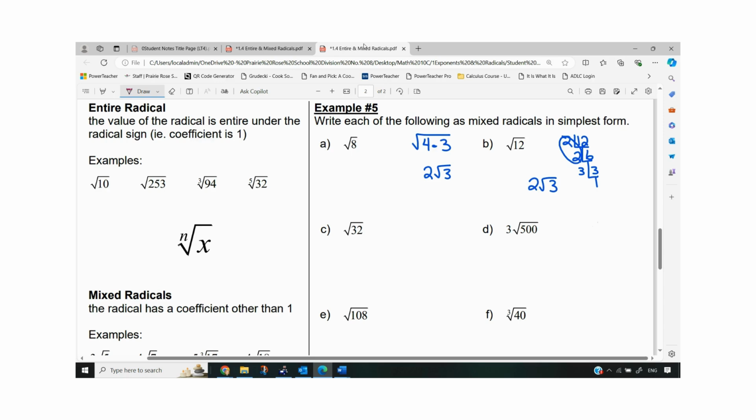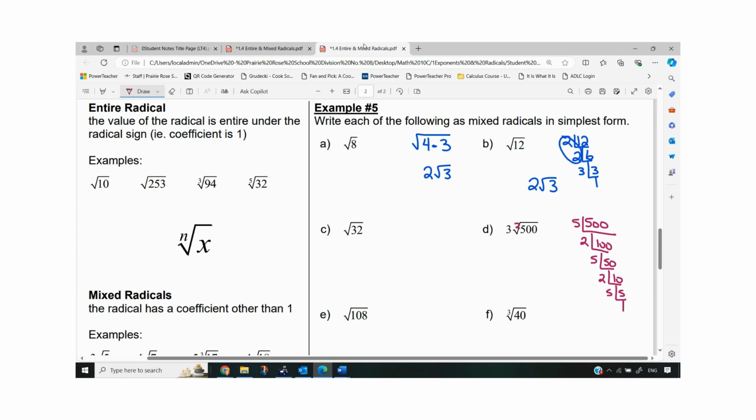So let's look at 3 root 500. First of all, I'm going to break down 500 into its prime factors. So 500 divided by 5 is 100. 100 divided by 2 is 50. 50 divided by 5 is 10. 10 divided by 2 is 5. 5 and 1. So this time again, I'm looking for an index of 2.